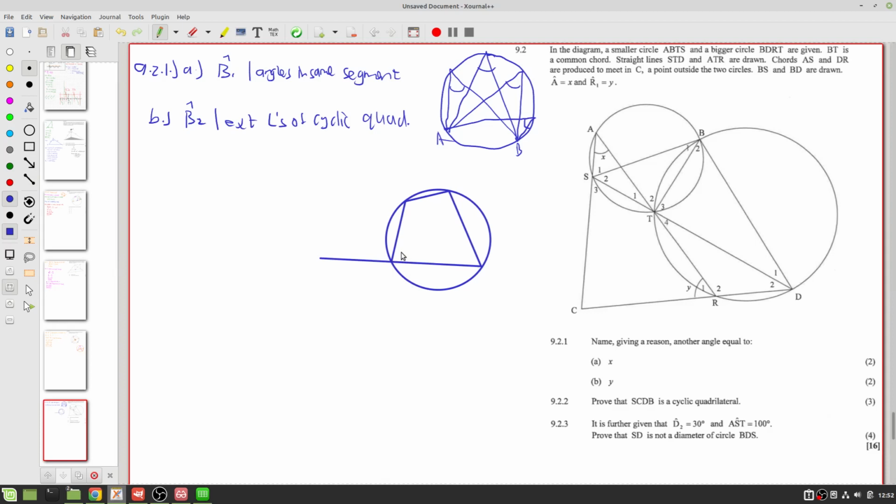So let's say if this was angle X, then this would be 180 minus X, right? Now, this is a straight line. So if this is X, this is also 180 minus X. So that's why the exterior angle is equal to the opposite interior angle of a cyclic quadrilateral. So that's what we have here. If we look, let me just highlight what quadrilateral we're working in. So we're working in this one here.